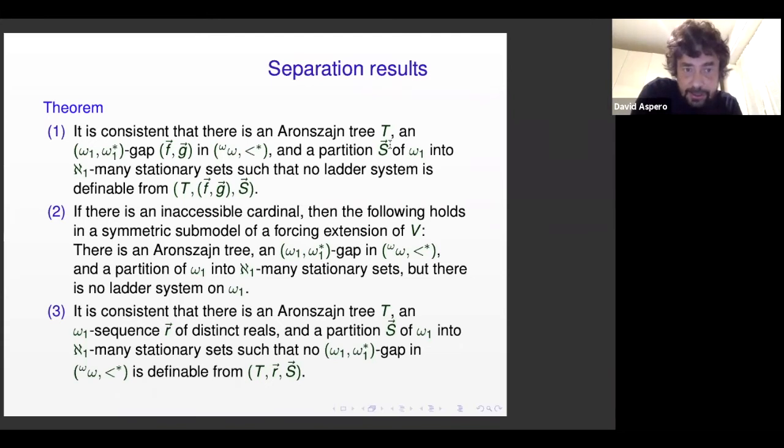So these two results are related. They go in tandem. But also you can show that it's consistent that there's an Aronszajn tree T, an omega 1 sequence of distinct reals, and a partition of omega 1 into omega 1 many stationary sets, but there is no omega 1 gap definable from these objects.